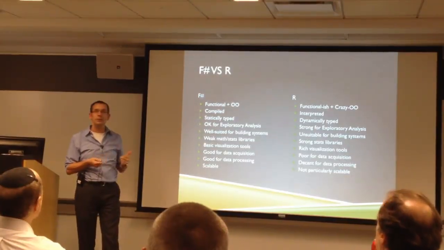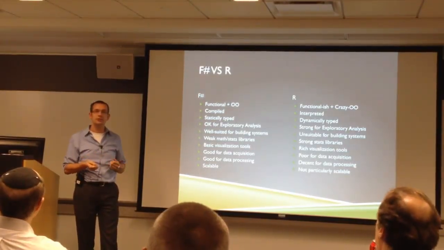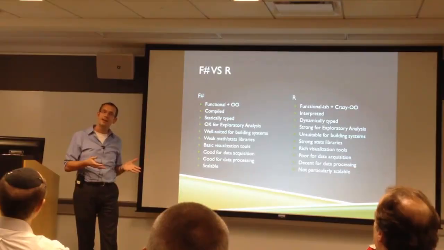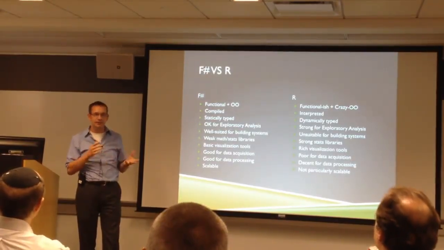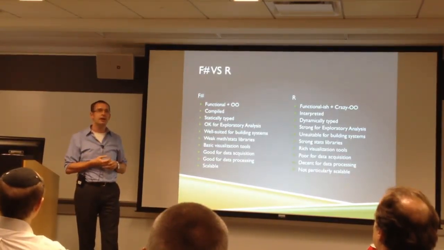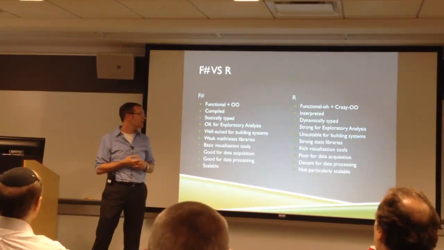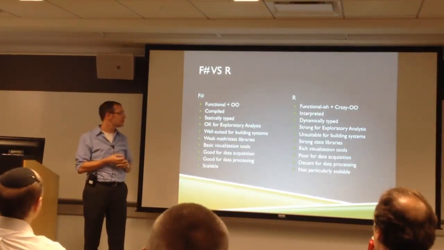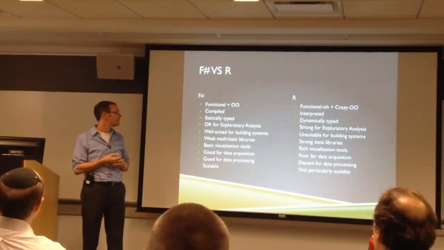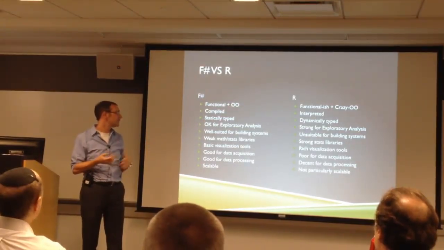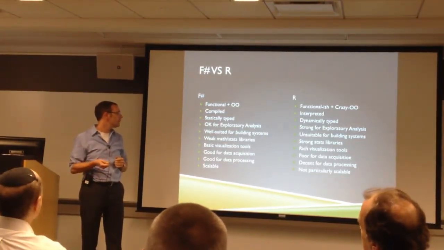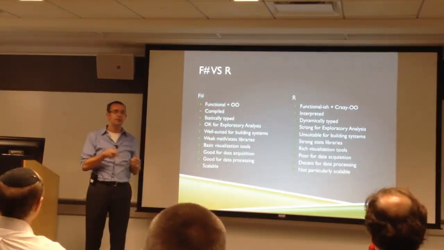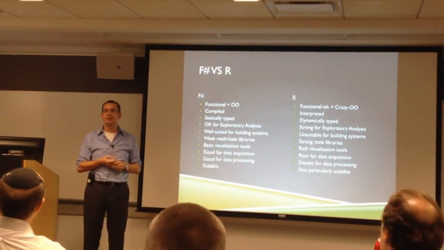F-sharp is fairly weak in that regard. I think the .NET math libraries in general are okay. Stats are okay, maybe, but nothing compared to R. Python is sort of in the middle, further towards R. It's got stronger libraries. Visualization tools, again, are basic in F#. They tend to be prettier, the .NET-based ones, but R's visualization capabilities are very powerful.